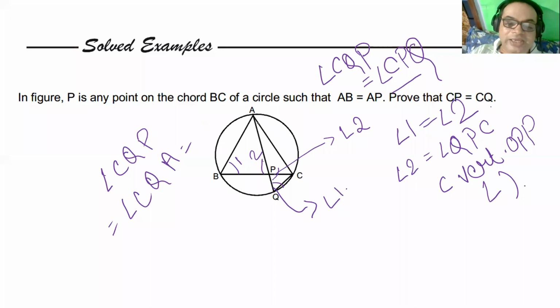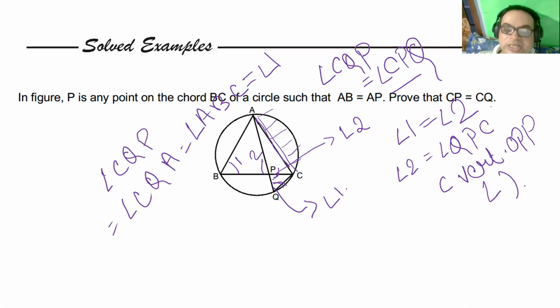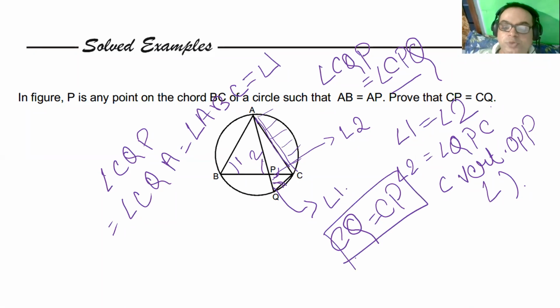The other angle ABC is also made in the same segment, so angle CQP will be equal to angle ABC, which is equal to angle 1. Angle 1 was already equal to angle 2, therefore CQ is equal to CP, hence proved.